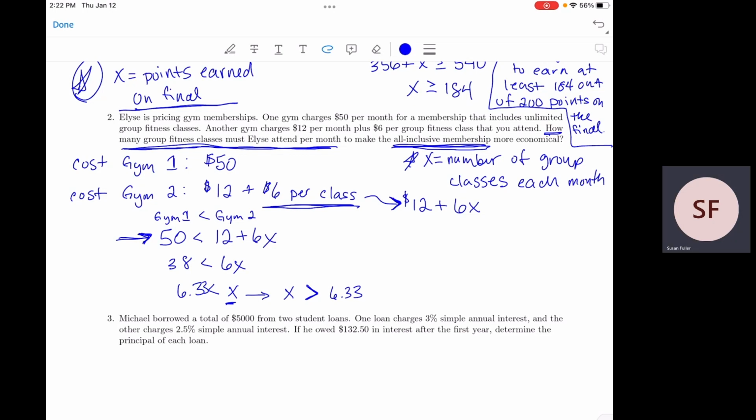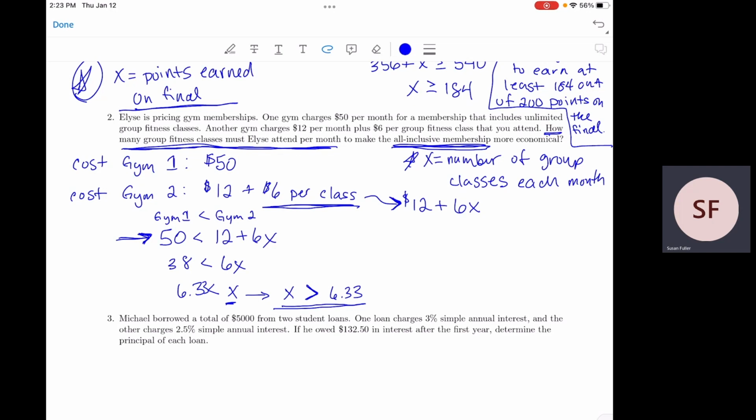And what does that even mean? We have to answer the question. How many group fitness classes does she have to go to make the all-inclusive membership more economical? So x is the number of group classes. To make gym 1 cheaper, we need x to be greater than 6.33.